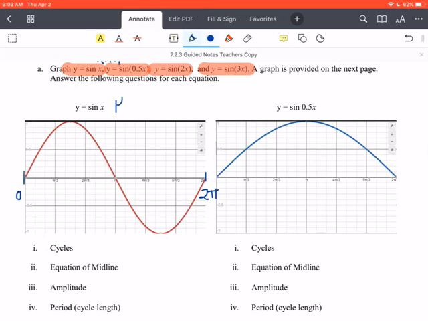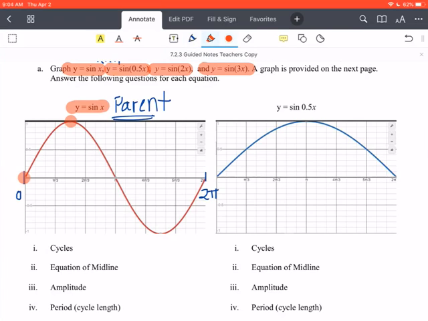So again, let me stress the importance that you need to really be an expert on the parent function to understand all of the transformations of everything else. This is a review from a few lessons ago. If we're graphing y equals sine x, we see that we start at (0, 0) because the sine of 0 radians is 0.